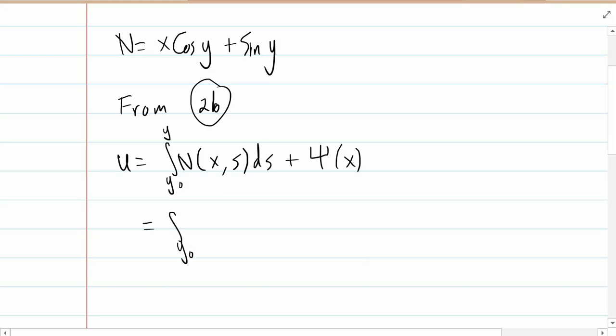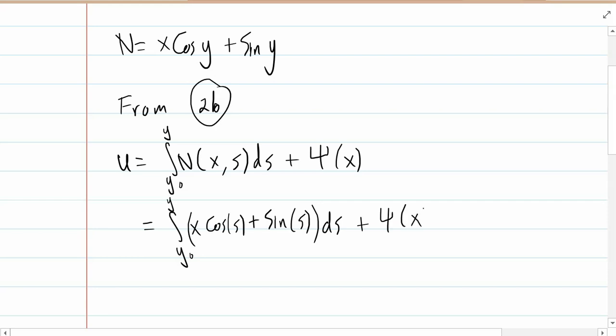Plugging in values for the function, x cosine s plus sine s ds plus psi of x.